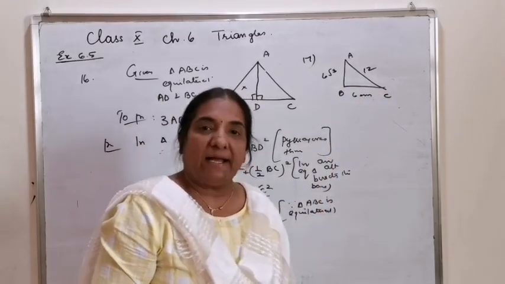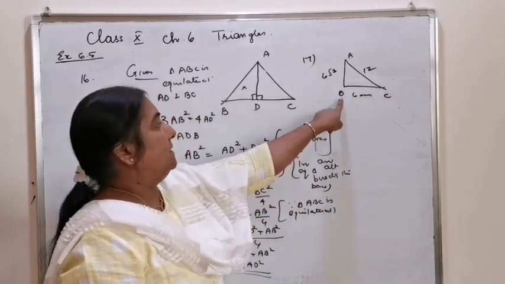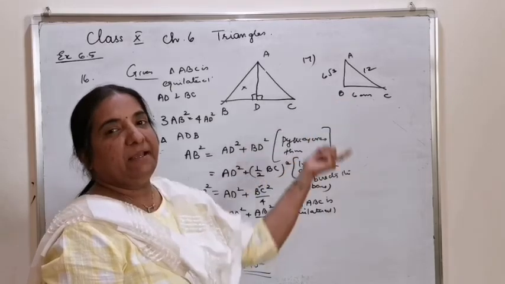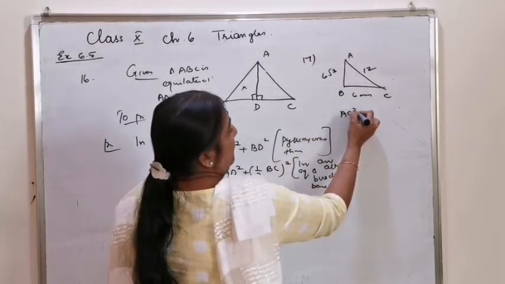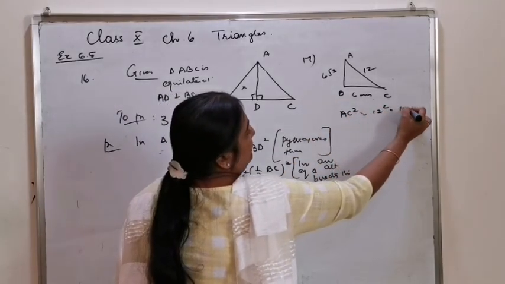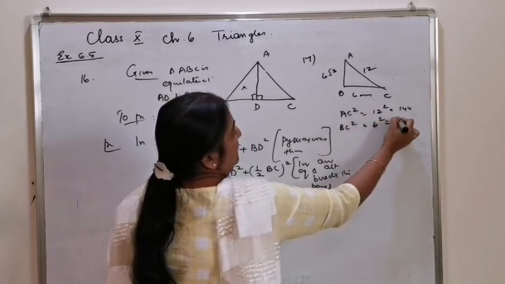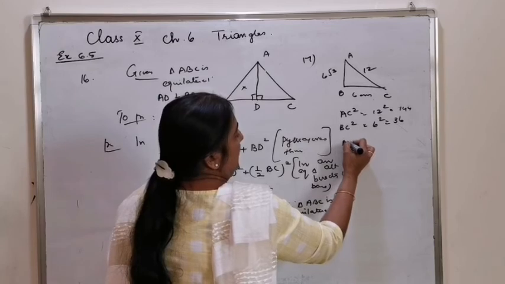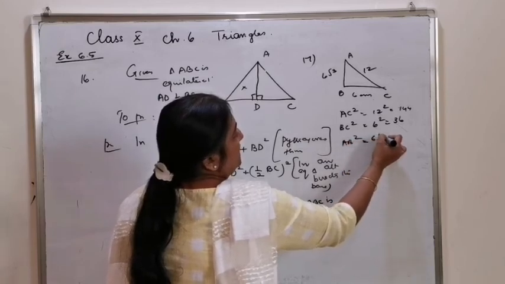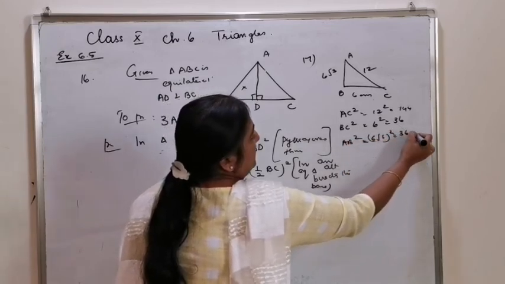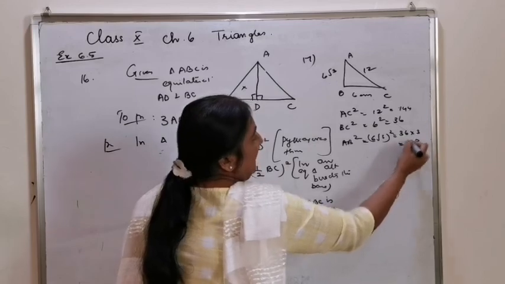Since they asked about angle B, I took it as a right angle. Let's apply the squares. That means AC square is 12 square, 144. BC square is equal to 6 square, 36. And AB square is equal to 6 root 3 the whole square, that is 36 into 3, 108.